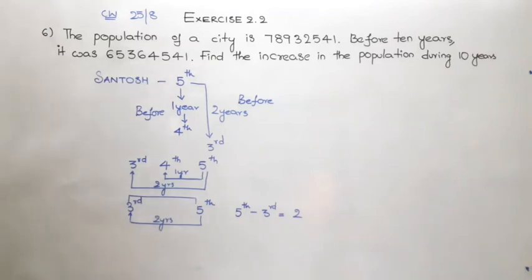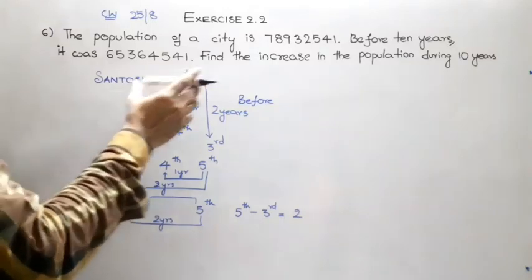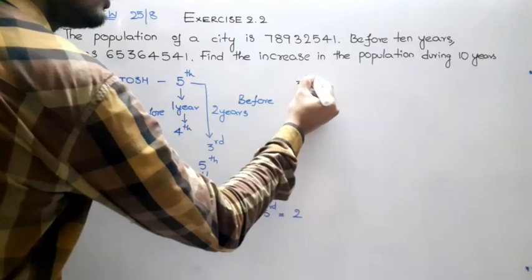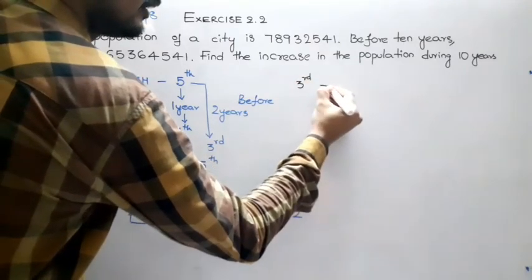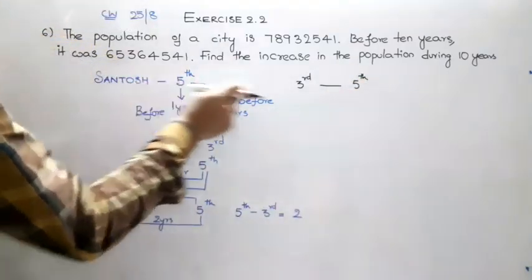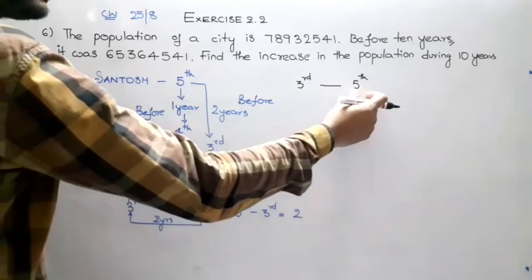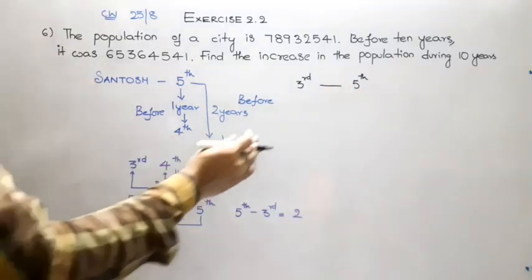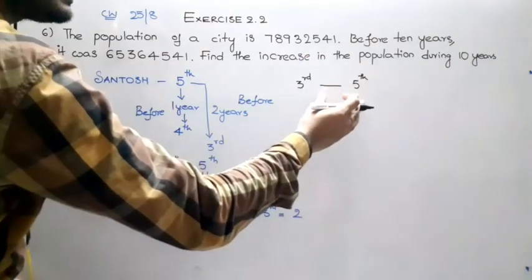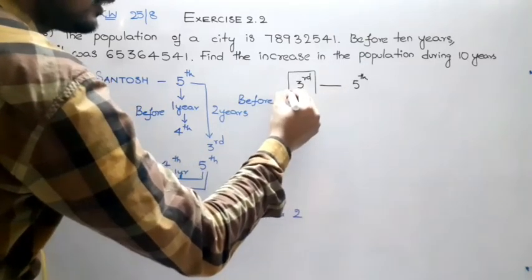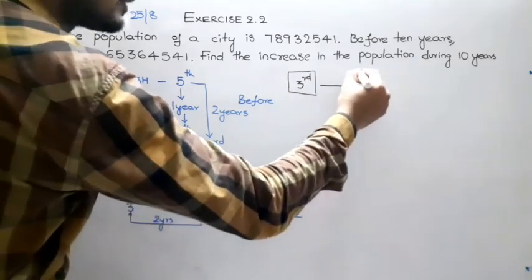Let me keep the same example in a simple manner. Take the same boy Santosh. From 3rd, now he is in 5th standard. You know that boy was in 3rd standard, now he is in 5th standard. Now, if we ask him how many classes you increased, I know you when you were in 3rd class, now you are in 5th class.